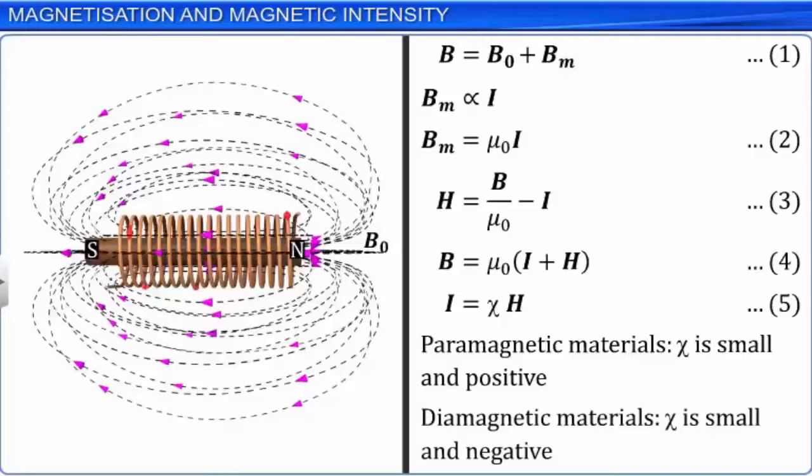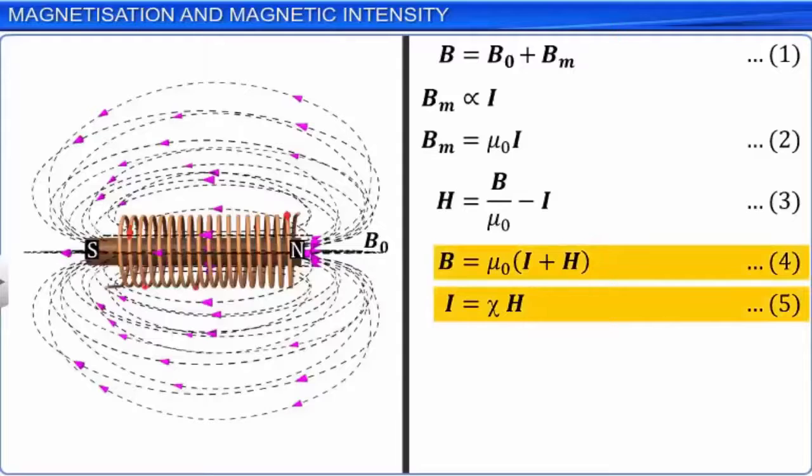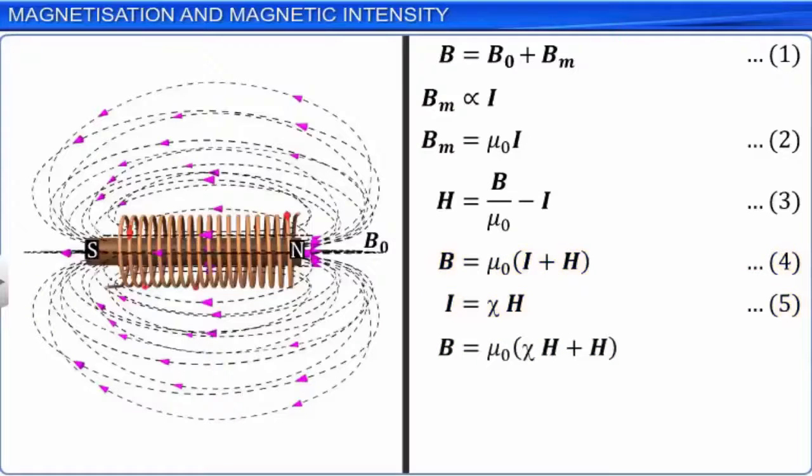But the magnetic susceptibility and relative magnetic permeability are related as mu R is equal to 1 plus chi. Hence, in place of 1 plus chi, we can write mu R, and we can further write equation 6 as B is equal to mu naught into mu R into H. Let this be equation 7.